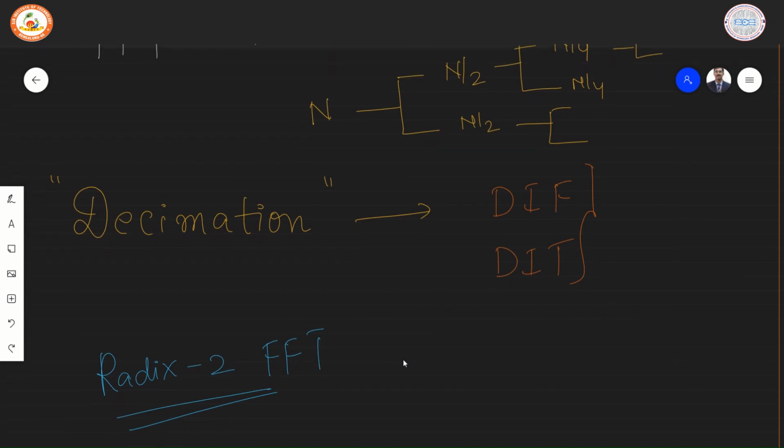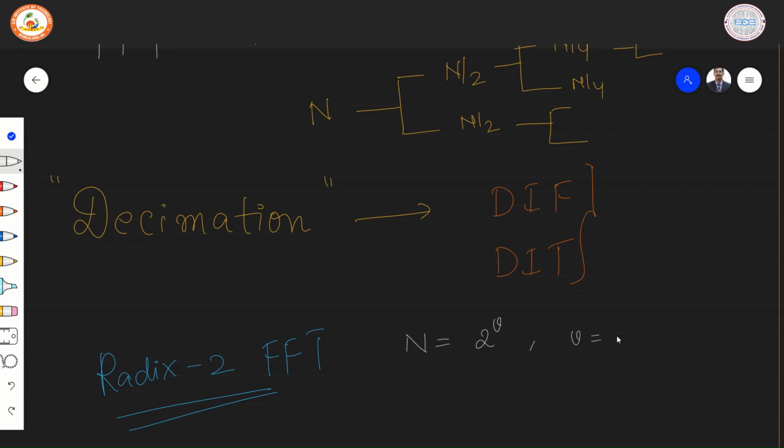The fundamental method that we follow is called radix 2 FFT. The meaning of radix 2 is that the value of the order will always be a power of 2. So we can say that N is 2 to the power of v, where v is a value which can range from 1, 2, 3 and so on.